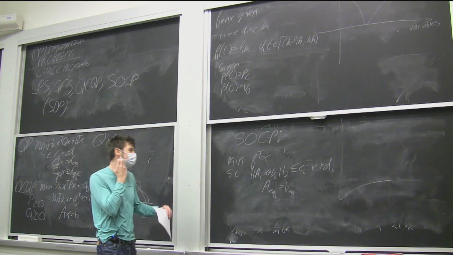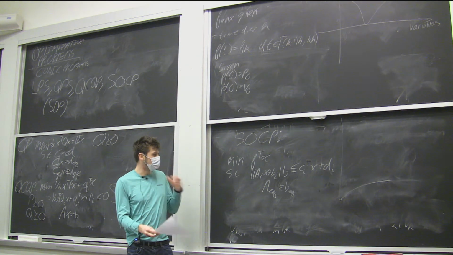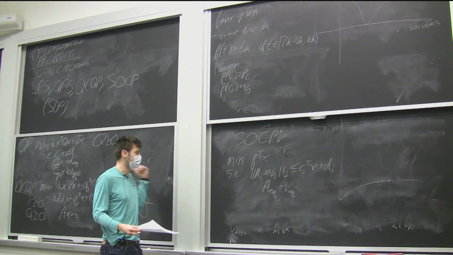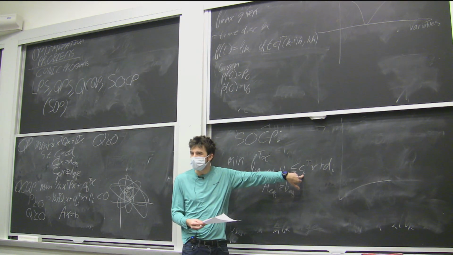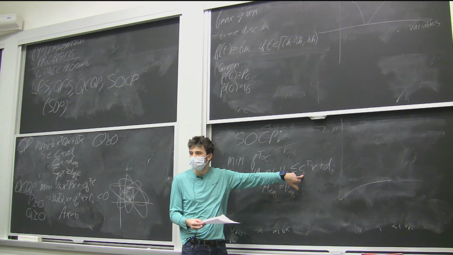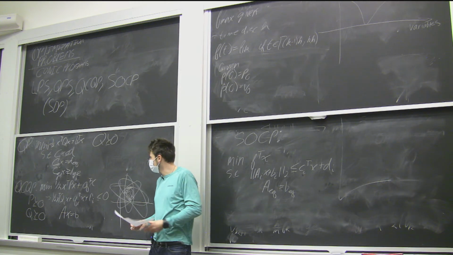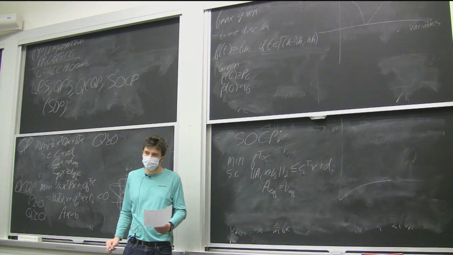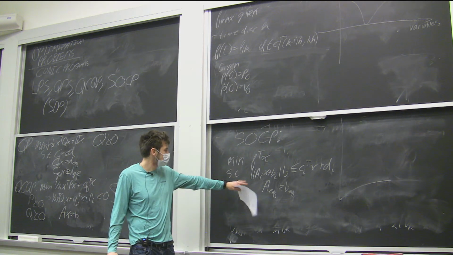That's the SOCP. So this is actually equivalent to a QP or a QCQP if you let the c_i's be equal to 0. The way you see that is you just complete the square on this guy, and you can always write that quadratic as this right here.